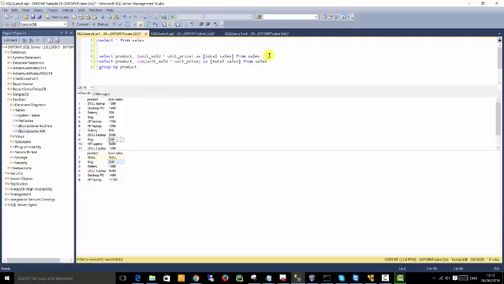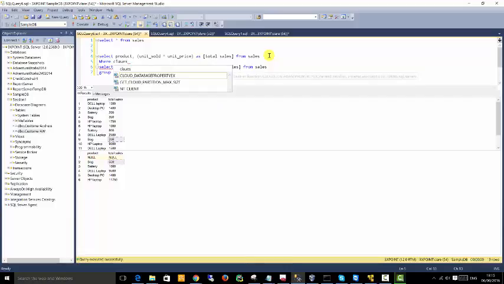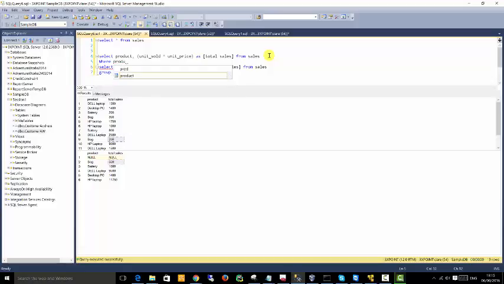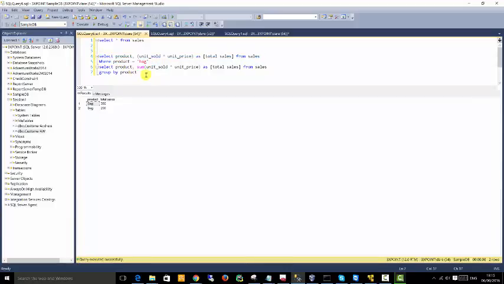Let's introduce the where clause. I believe you already know what where clause is. Where, what's the name of the column? Product. Where product equals bag. Okay, good.